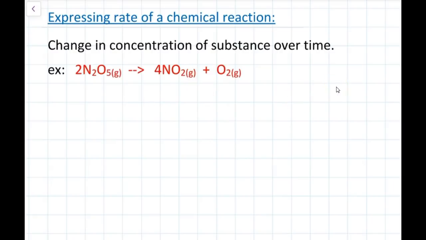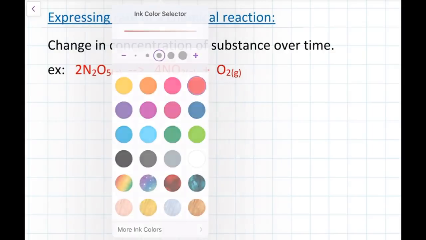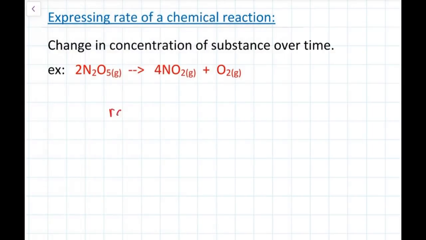So one way to do it, we could describe rate in terms of the increase in concentration of oxygen. So I might say that rate equals change in concentration of oxygen over time.